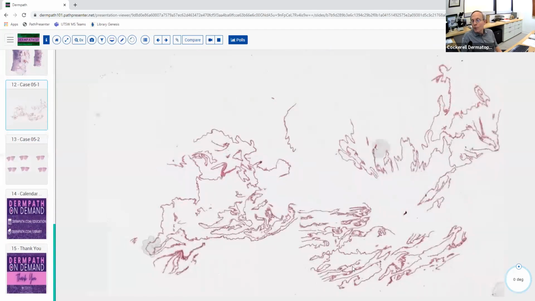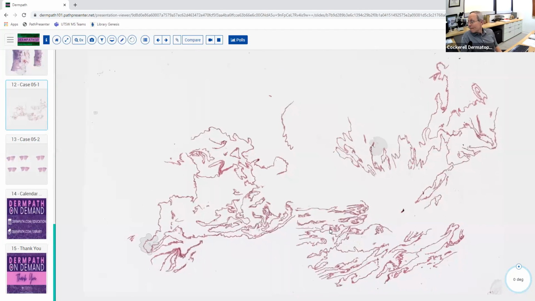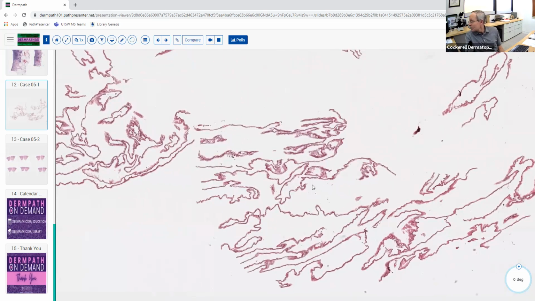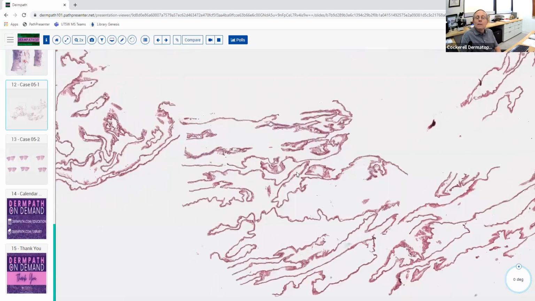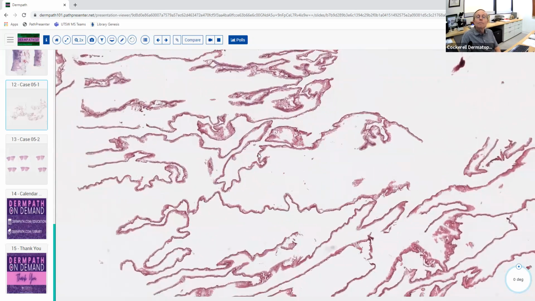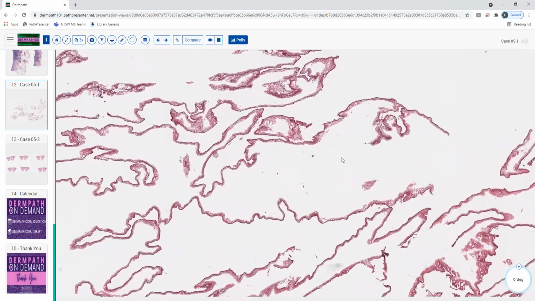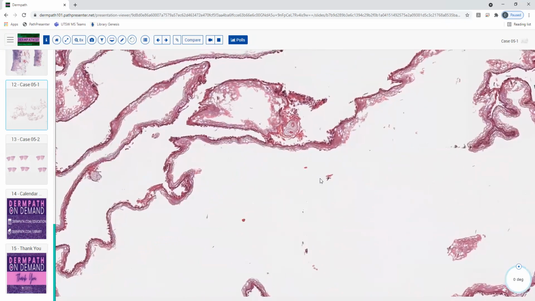Okay, I got one more to do. What kind of biopsy are we looking at here? This might actually affect you guys in the real world. This might happen to you when you're on call. Is this like a scrape?